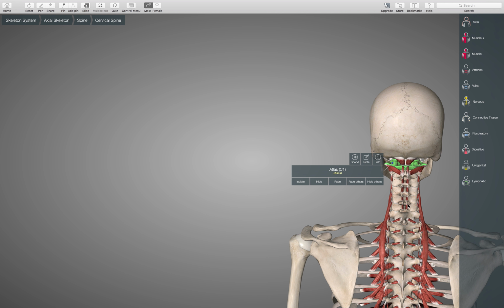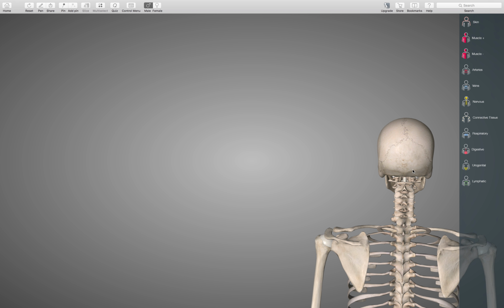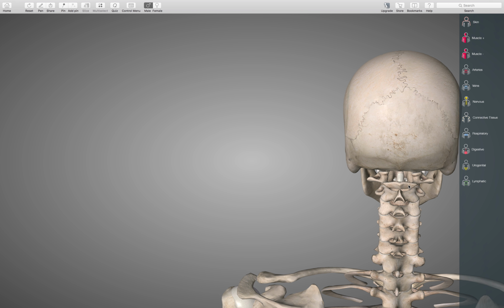Usually the vertebral bones get smaller going upward, but the atlas bone is a little bit larger.